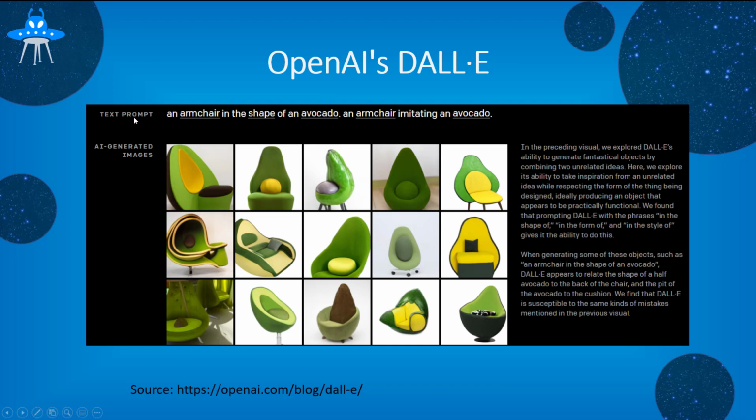Because you can see here, this only takes in a text prompt, and this is a unique example. It's just an armchair shaped like an avocado. Pretty unique, and it generates all these different images, and really cool ones, like ones that make sense. And it tries to understand your text in that way, and you'll see that in some of the other examples. Like, it'll take a turtle and a giraffe.